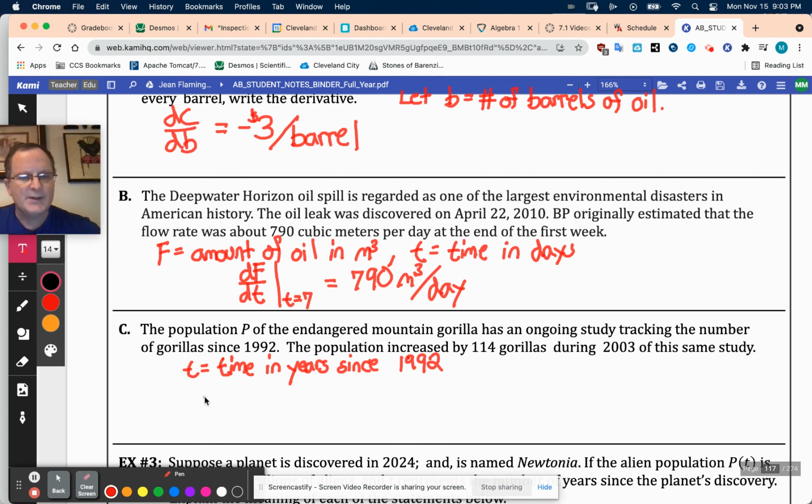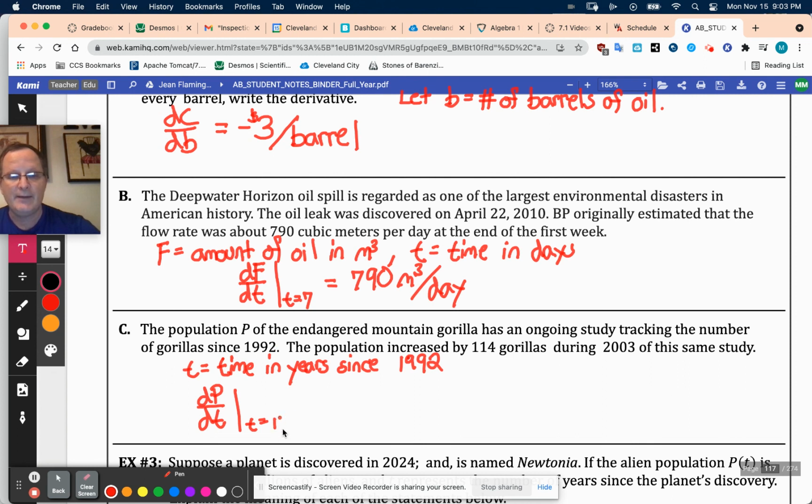All right. So this means that the rate of change of the population with respect to time at the exact time that T was how many years since 1992? In this case, that would be 11.